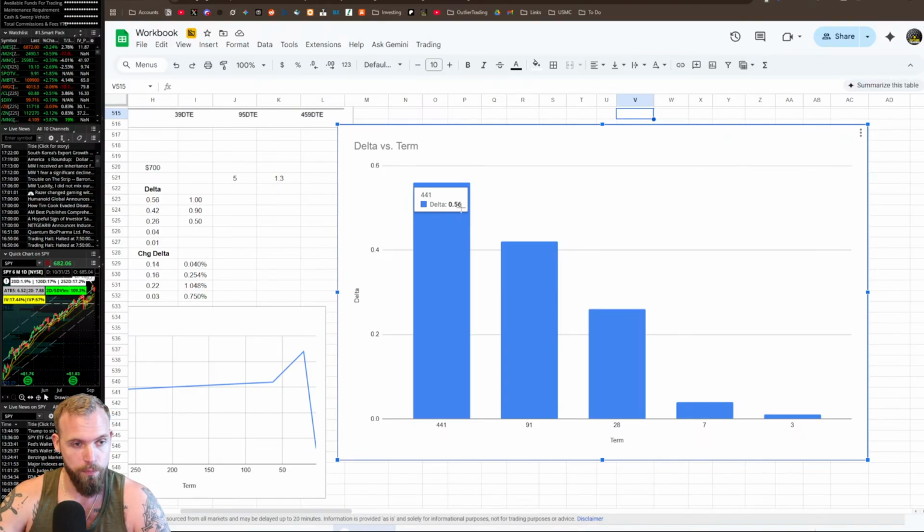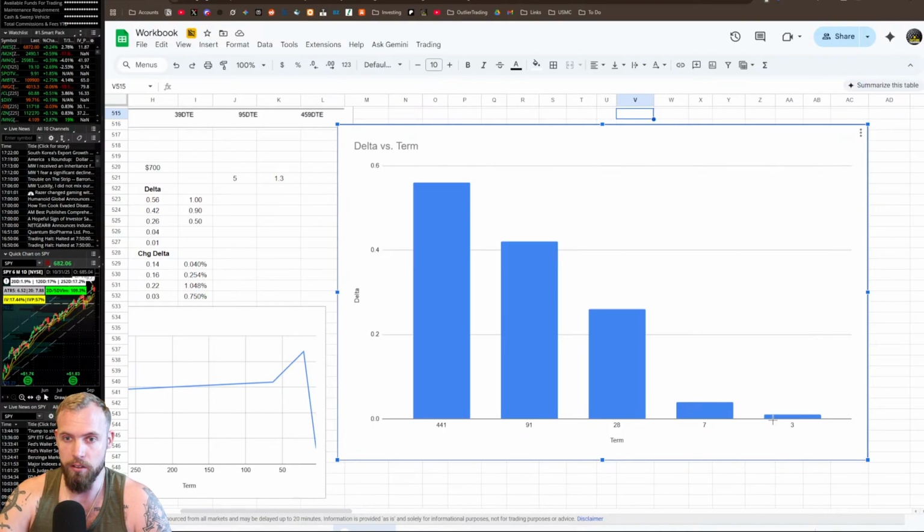It's not always. But what's happening is as we get closer and closer to expiration, the probability of this option, the 700 strike, ending up in the money goes lower and lower and lower. So the way to think about it is right now, SPY is at 682. What is the probability that before expiration, 441 days, SPY trades above 700?